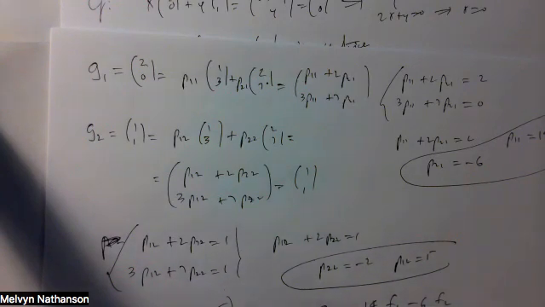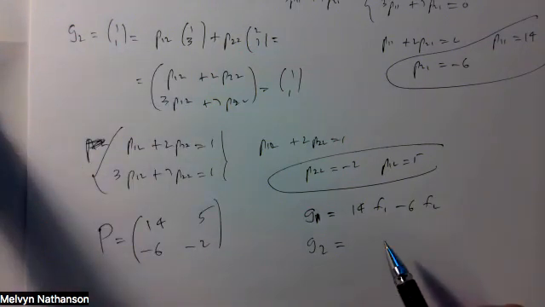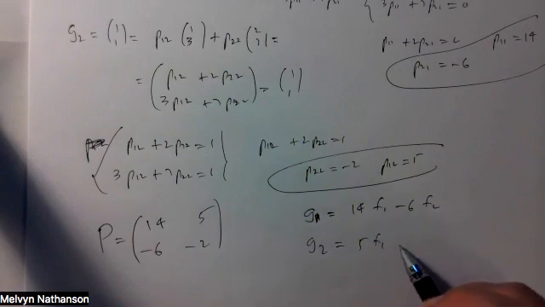And this is G1. And the vector G2 is P1,2, which is 5 F1 minus 2 F2.